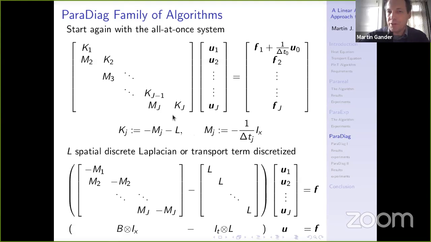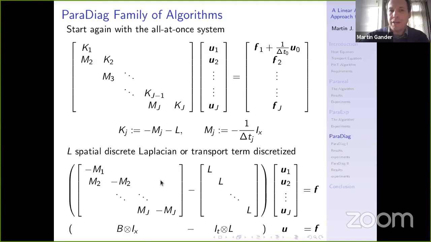Kj is still defined as before. Mj is still defined as before. And L is either the discretized Laplacian or the discretized transport term. So this is the system like I had it before, but I now have an arbitrary time step for each time integration step.